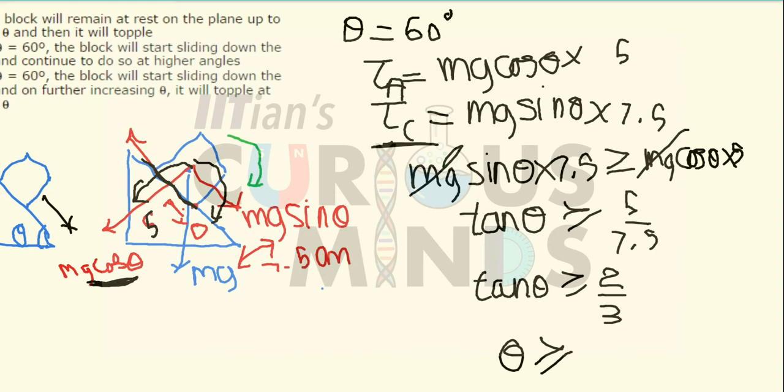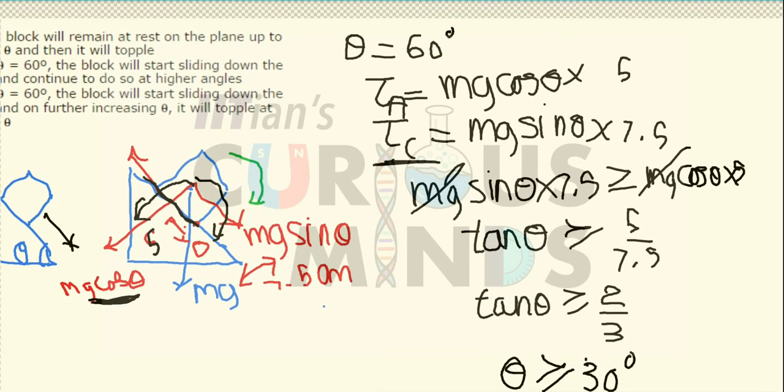Roughly it will be around 40 degree, or rather it comes out to be about 30 degree. If you find tan 30, it is equal to 1 by root 3, which is 1 divided by 1.7, so it will be slightly smaller than 30 degree.